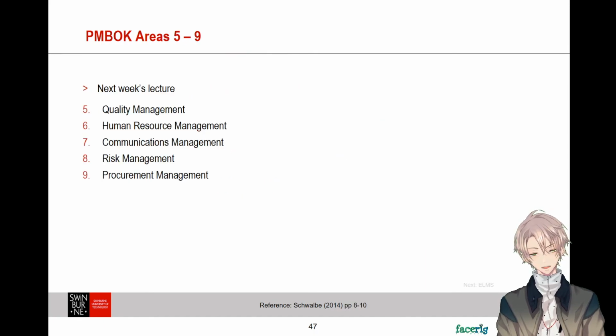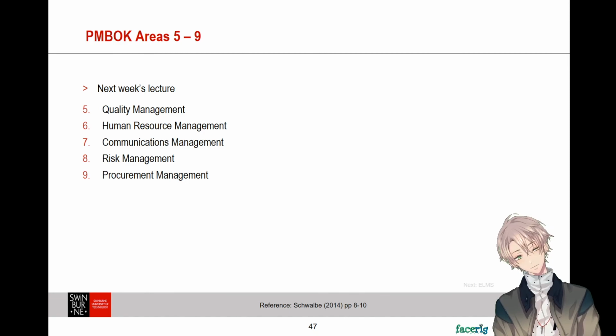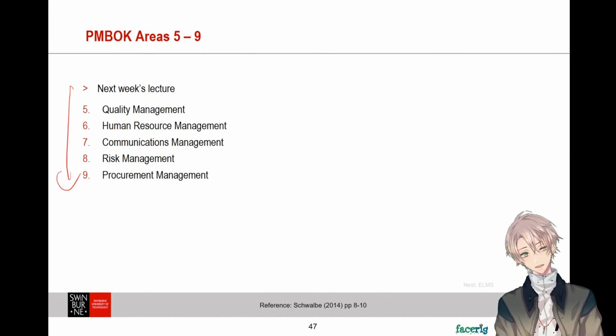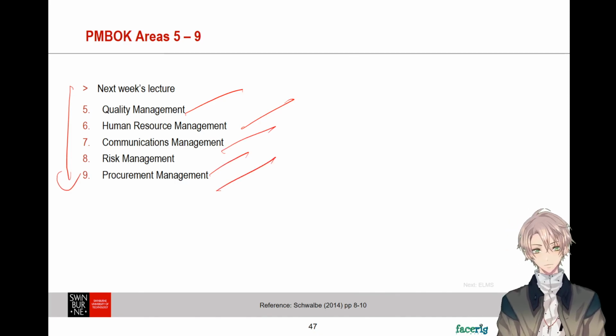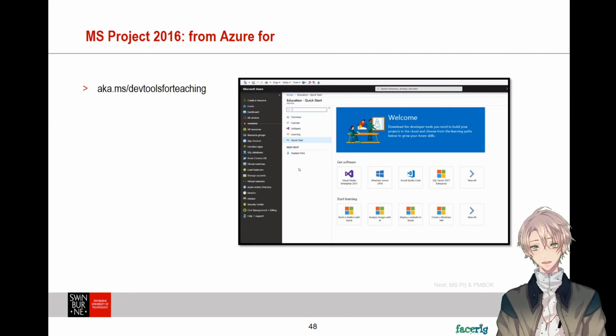In next week's lecture, we're going to learn the rest of the PMBOK, which is Quality Management, Human Resource, Communication, Risk, and Procurement Management. You can try to download MS Project using the Canvas link that I posted. Also, you can probably get it in Microsoft Azure.